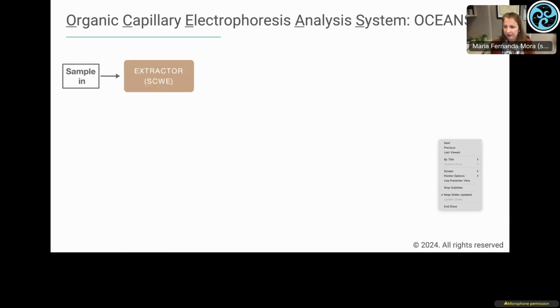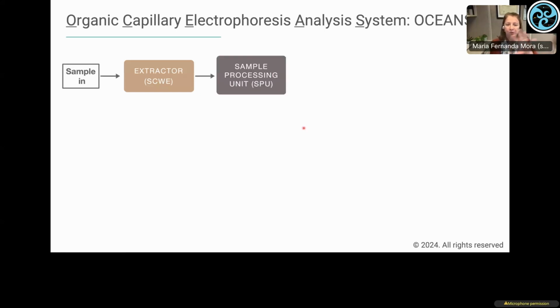We basically heat the sample a little bit. In some cases, we need to do a reaction to do detection of the analytes in the sample. So that's all included on the front end of the instrument. I'm not going to discuss a lot of this today, but I just wanted to show the whole flow. And then we do separation.